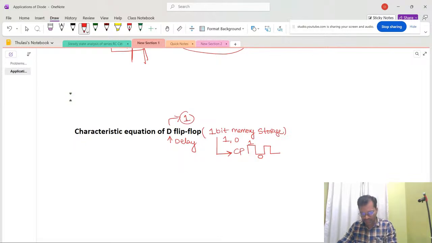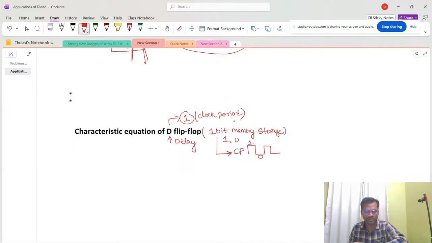Let us see how it is delayed with respect to its timing diagram, and visualize how it gets delayed by one clock cycle. It is delayed by one clock period. Therefore, this type of flip-flop, a one-bit memory storage device, is called the D type of flip-flop.